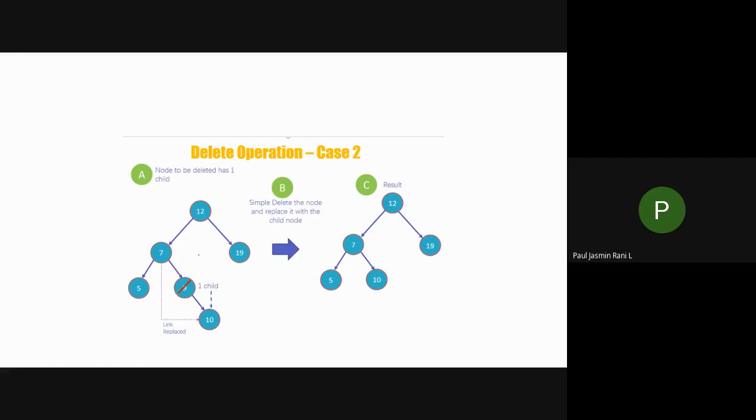So what is case 2? Case 2 means, suppose I want to delete a node which contains only one child. If it contains only one child, then what do I have to do? Suppose this 10, let us consider I want to delete this particular node. I have to remove this node 9 which contains only one child.